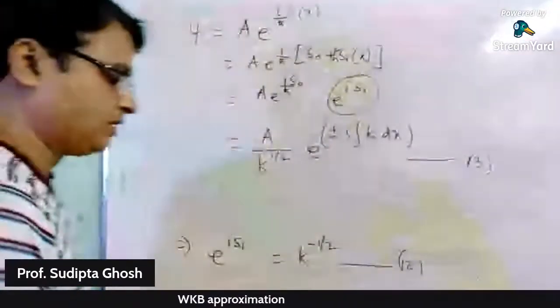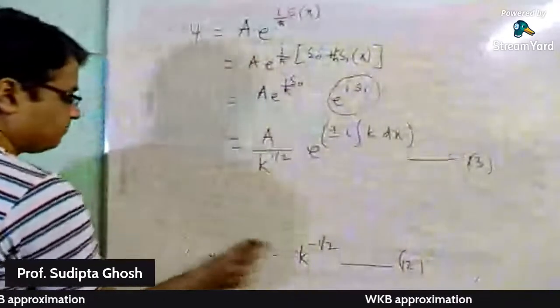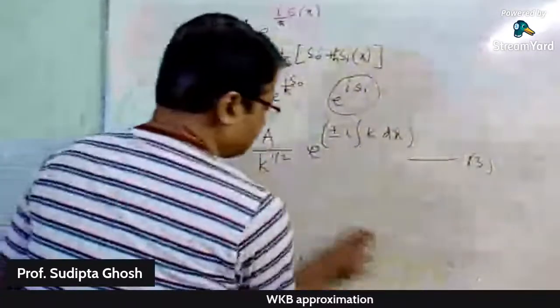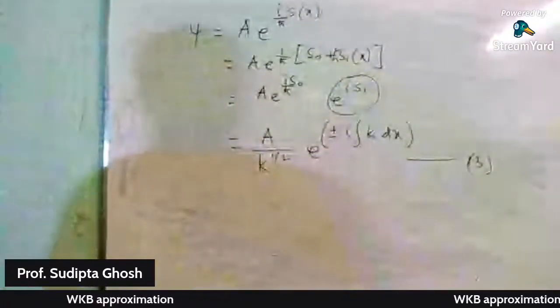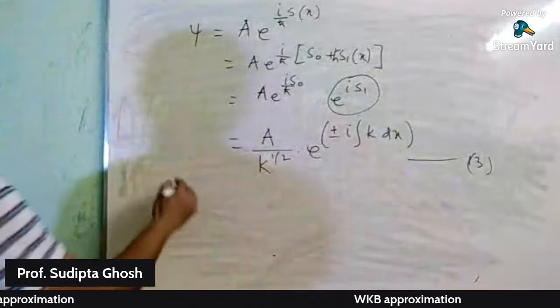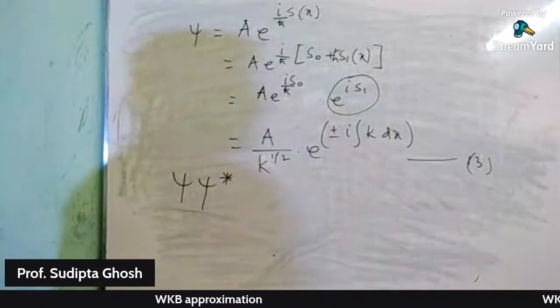Probability density: in undergraduate classes, you have already done so many times that the probability density is psi star psi. So what will be the value of psi star psi?